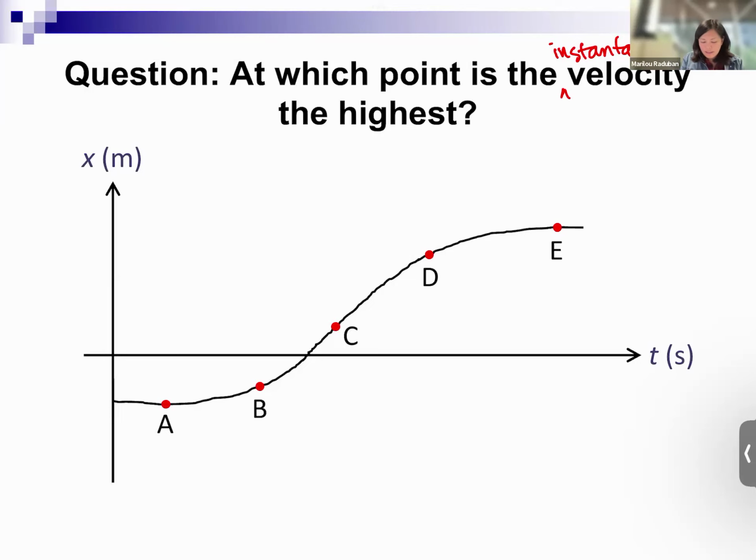Using the technique we've just been discussing, the strategy here is to draw tangent lines, straight lines that are tangent to each of the points where we want to determine the instantaneous velocity.